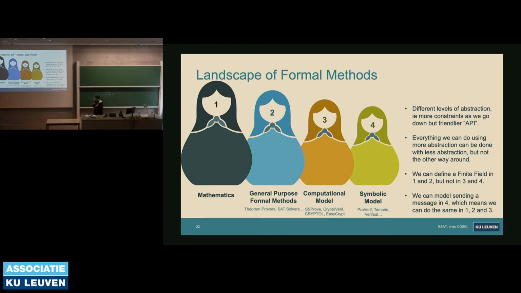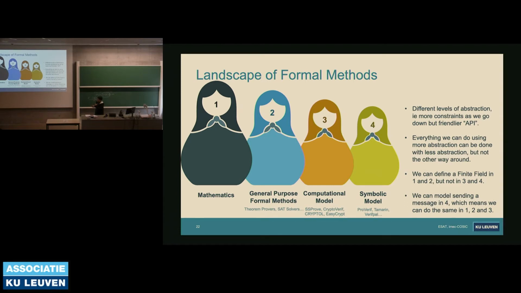These tools can be theorem provers like Coq or Agda or Lean. We have SAT solvers, sometimes used for Boolean circuits. There are a lot of tools. And then if you go a level below, we have the computational model and the symbolic model.